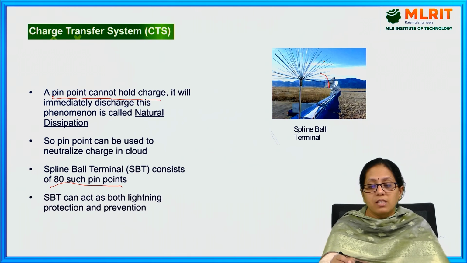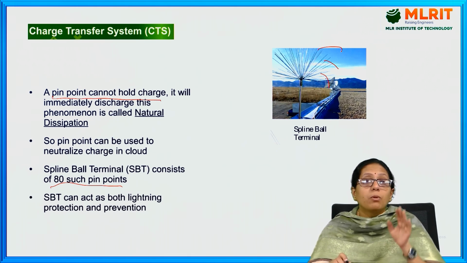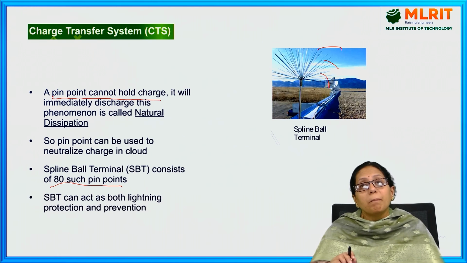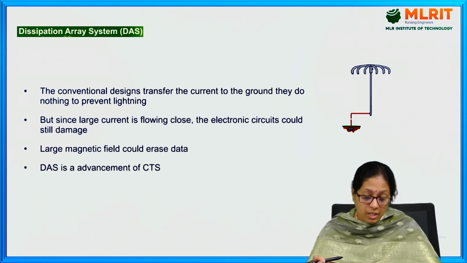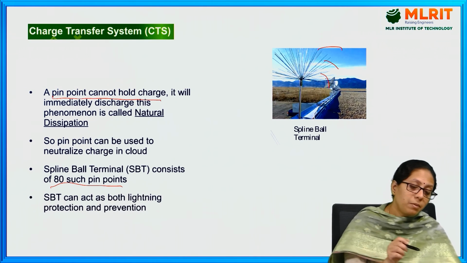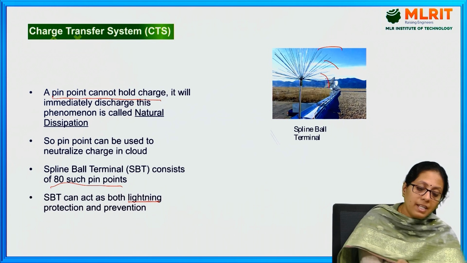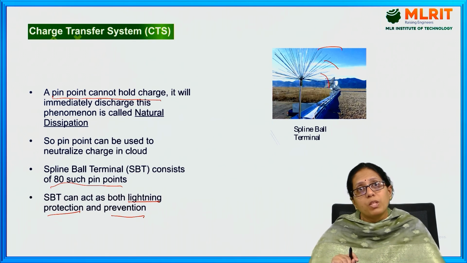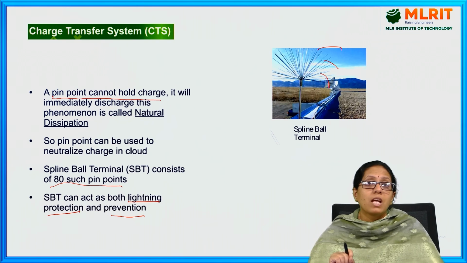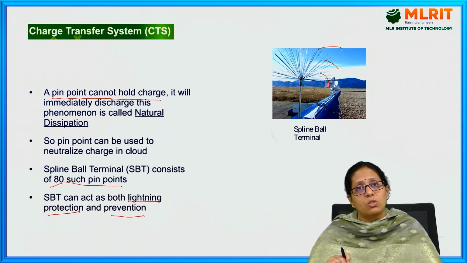Here you can see the different pinpoints. They are being provided with 80 different pinpoints in order to flow the current. Here you can see it can be used as both lightning protection as well as for prevention also. So CTS can be used for protection as well as for the prevention also.